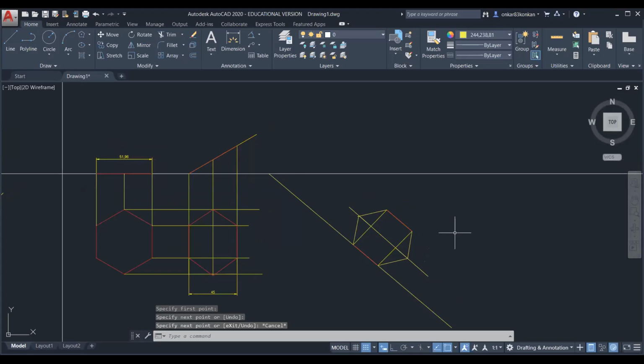Okay, so in this way, complete this view as it is, only with inclination 40 degree.